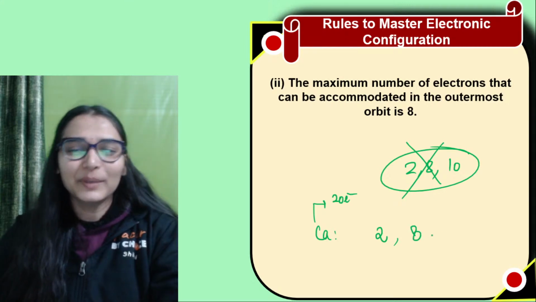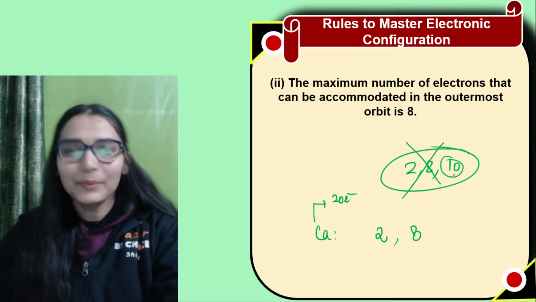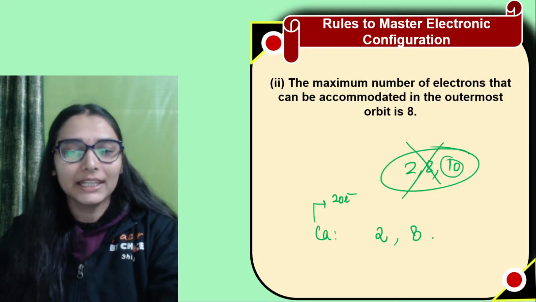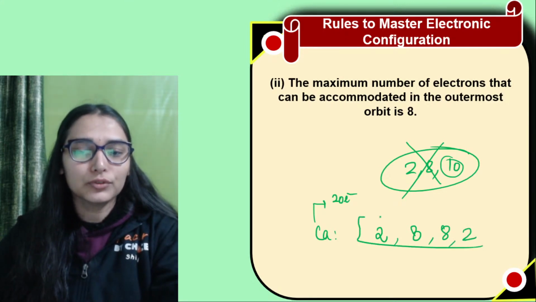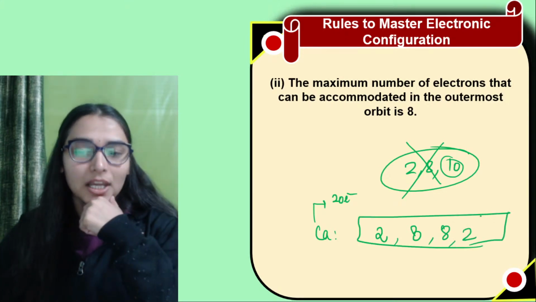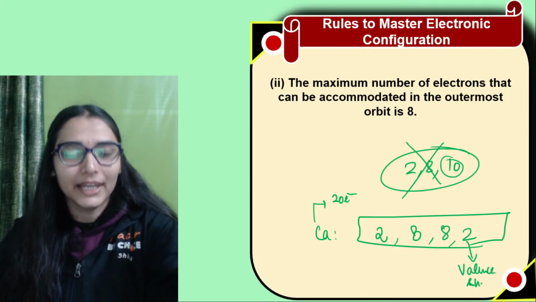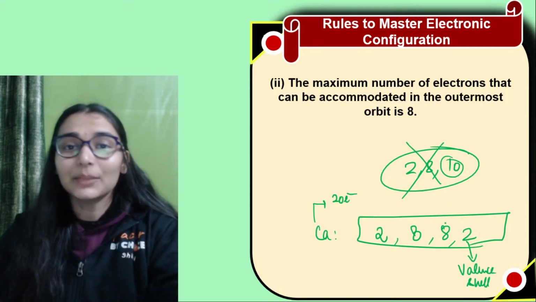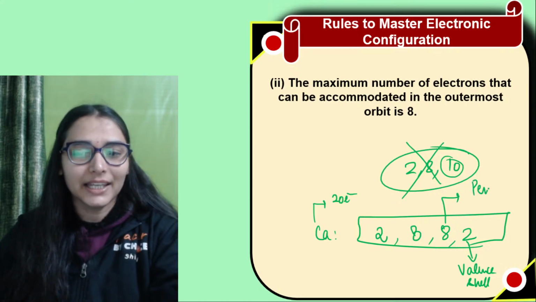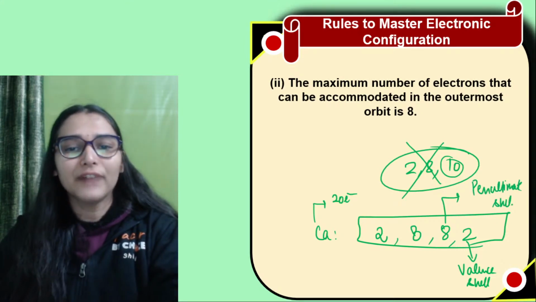The second shell will be having 8 electrons and 10 तो आप रख नहीं सकते हो, second rule will be violated. So we will keep 8 in the third shell and remaining 2 will go to the next one. So in the valence shell of calcium there are 2 electrons, and in the penultimate shell of calcium there are 8 electrons. Penultimate shell कौन सा होता है? The shell just before the valence shell.